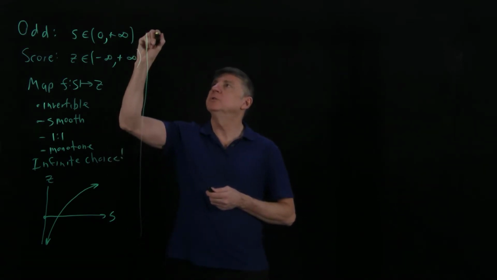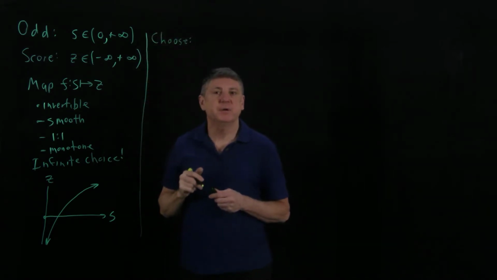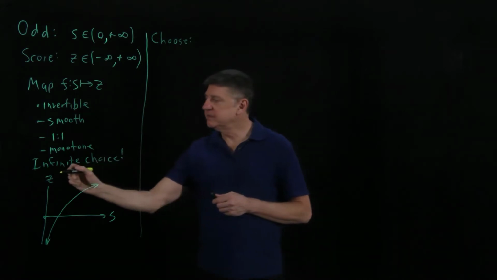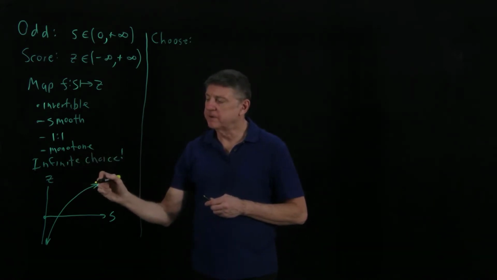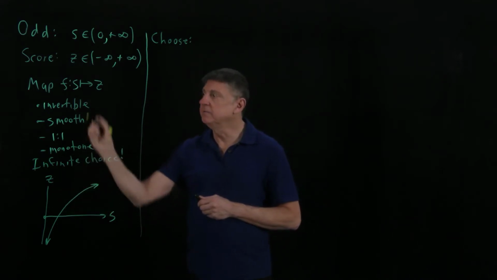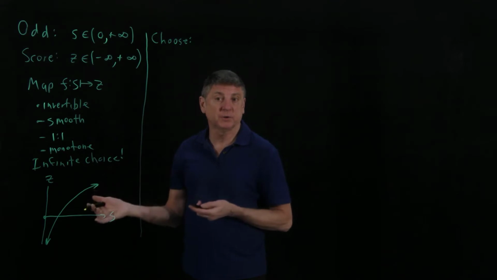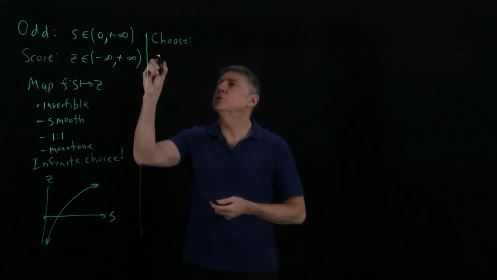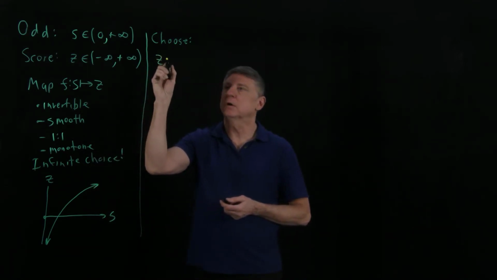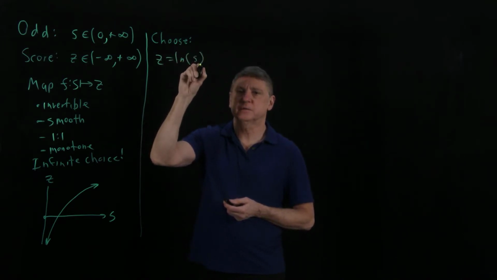What we'll do is choose a function that's very familiar to us. We could say that the logarithm function satisfies all of these. It's invertible within this domain. It's smooth, it's 1-to-1, and it's monotone. So it fits all of the criteria. So we'll say that the score is the natural logarithm of the odds.